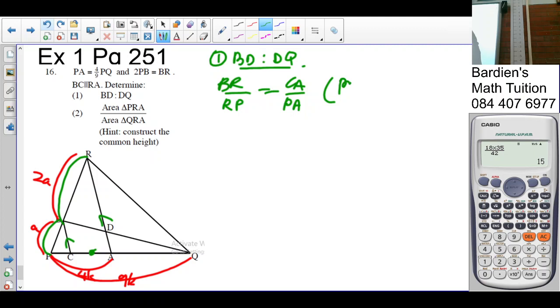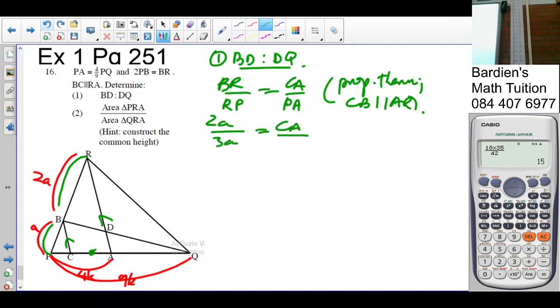This is the proportionality theorem with CB being parallel to AR. So BR is 2A, RP is 3A, is equal to CA, which is what we are looking for, over PA, which is 4K.